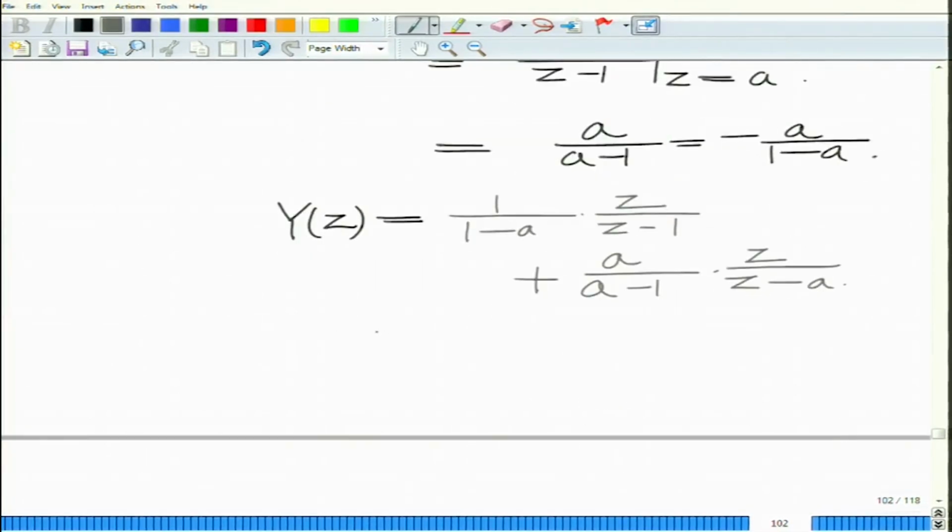Now, one can take the inverse z transform, and you get y(n) equals 1 over (1 minus a). Remember the ROC is still magnitude of z greater than 1, which means this is a right handed signal.